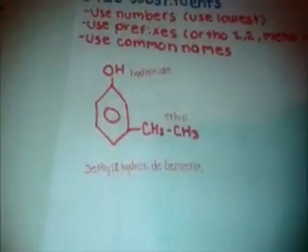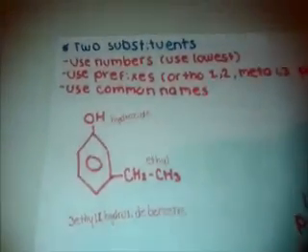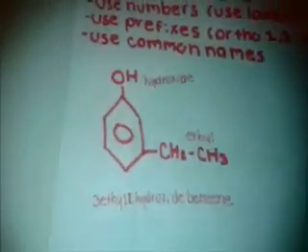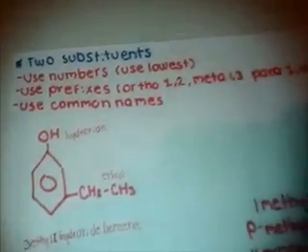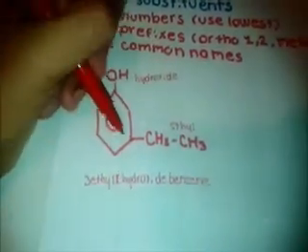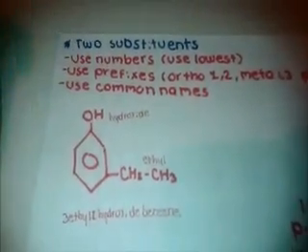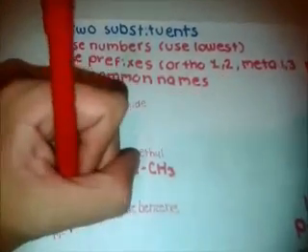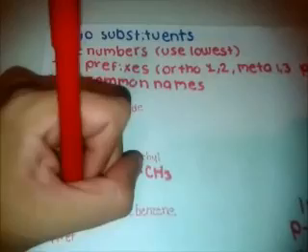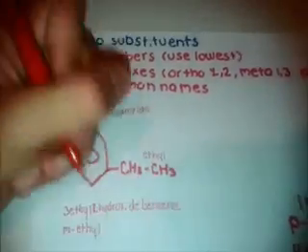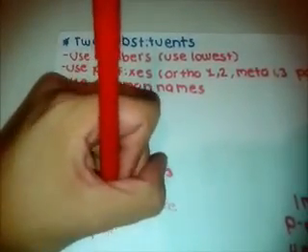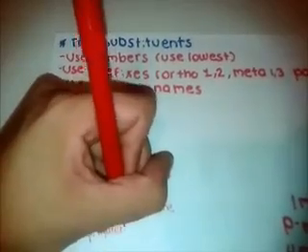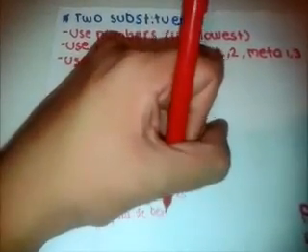But we also have the prefixes method, which we can use because the groups are in the first position and the third position. So it will be m, and we have to abbreviate it. It will be m-ethyl hydroxide benzene.